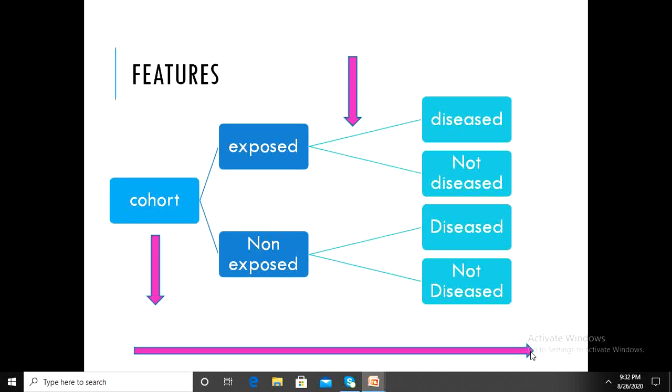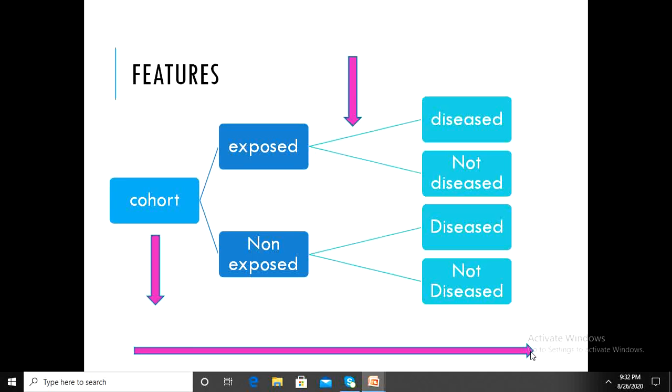Then we followed them over a period of about 6 years, and found out the number of skin cancers which developed in the exposed group, and the number of skin cancers which developed in the non-exposed group. So the exposure is rare but the incidence of disease is high.